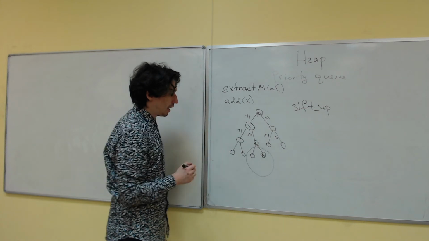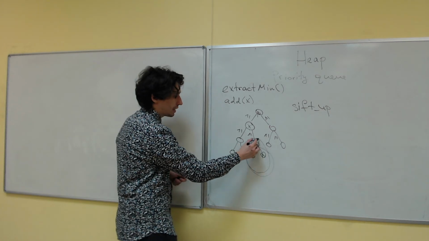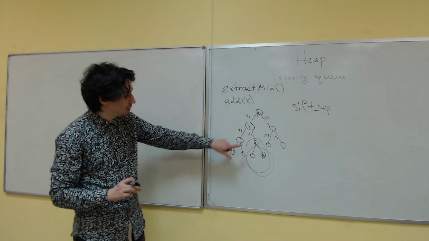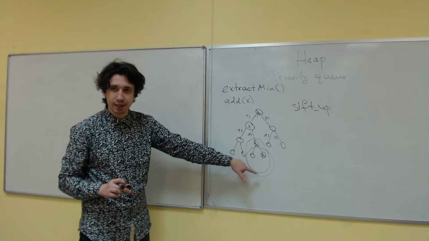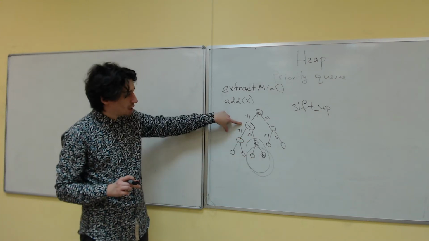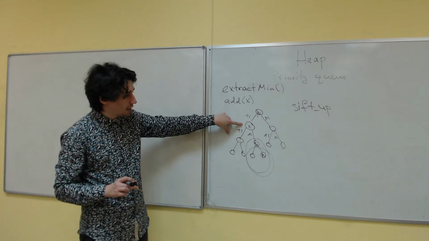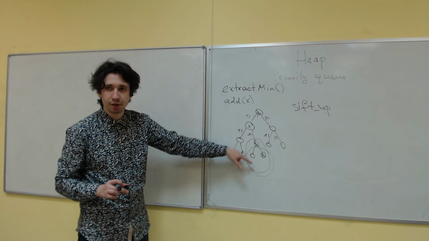swap them, and you see that everything in this subtree where x is now is correct, because p2 was less than everything in the subtree, and still p2 is less than everything in the subtree. Since x was less than p2, then x is less than everything in this subtree.